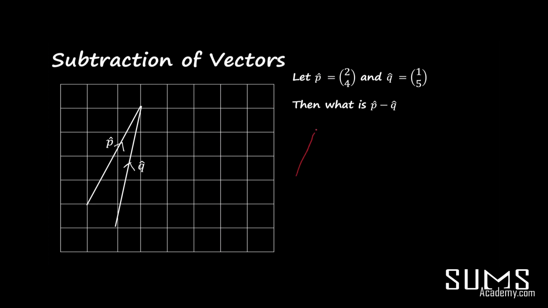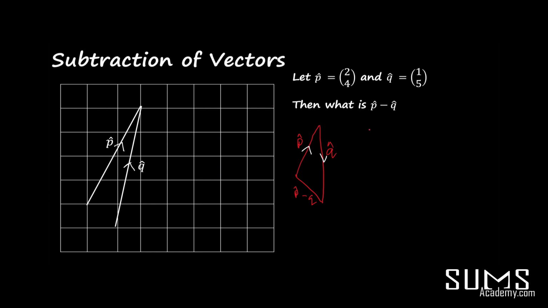So this line is P, and this line is Q. What we're trying to figure out here is P minus Q. So when you think about the direction of the vectors, this line here is still going to be going up, but because you're subtracting Q, it's actually going to change direction, so that's going to be down there. You can think of it as the addition of that negative vector.